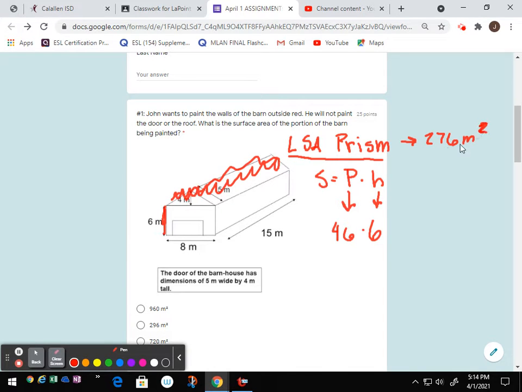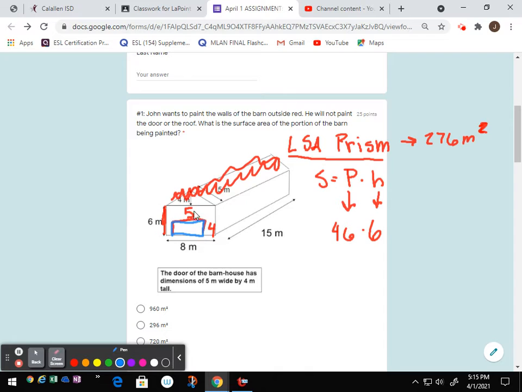Okay, so that's our lateral surface area, but we have to remember we are not painting this door right here. The door of the barn house has the dimensions of 5 meters wide by 4 meters tall. So we need to find the area of this rectangle so we know what portion of this wall we're not painting.